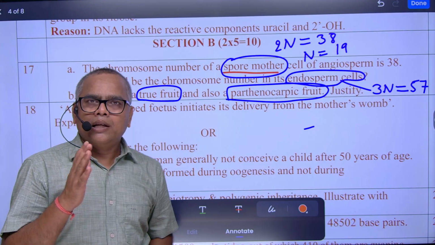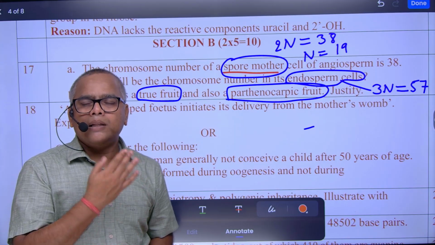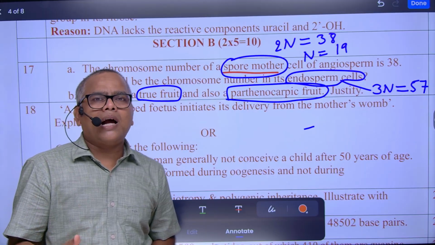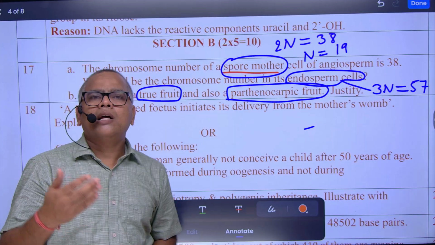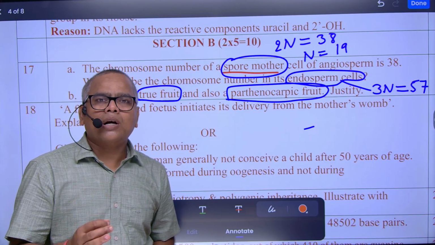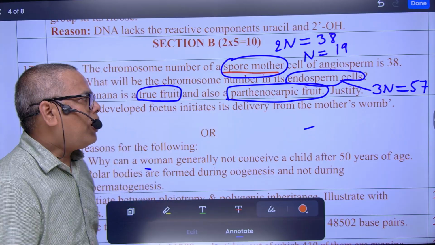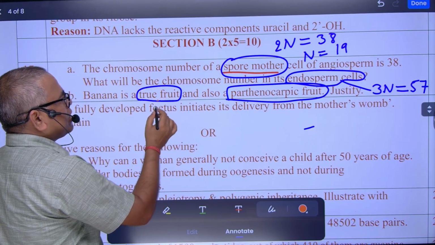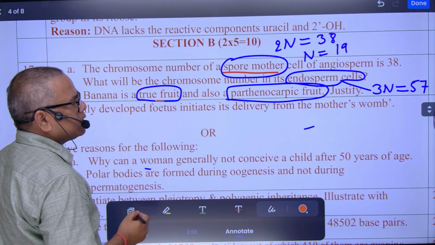In the banana, whatever part is edible is the stored food, and that stored food is nothing but part of the ovary itself. It is mostly the mesocarp and endocarp. As the food is stored in the mesocarp and endocarp, we call it a true fruit.